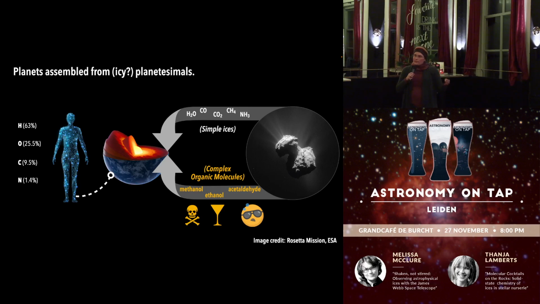And they give the basic ingredients in terms of elements that can support life on Earth. So if we want to understand whether planets in other star systems get these basic ingredients, we need to find a way to study simple and complex ices in other systems.